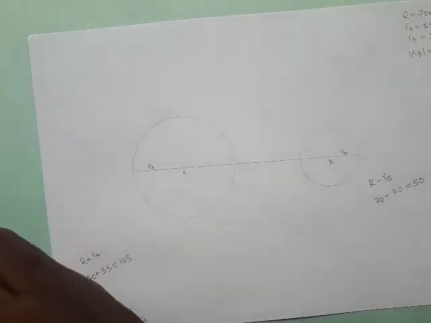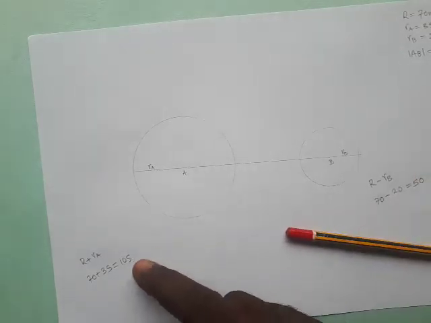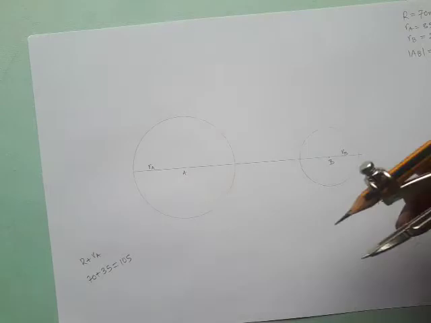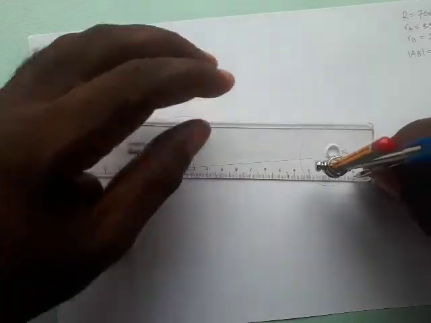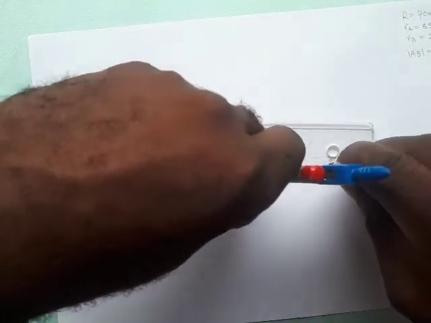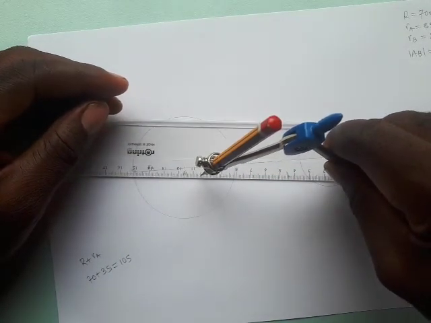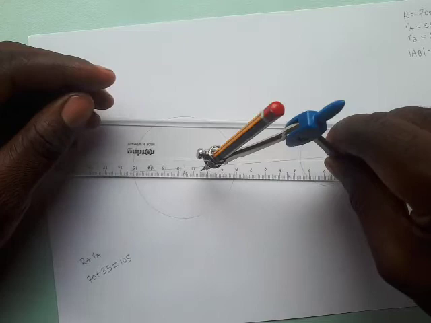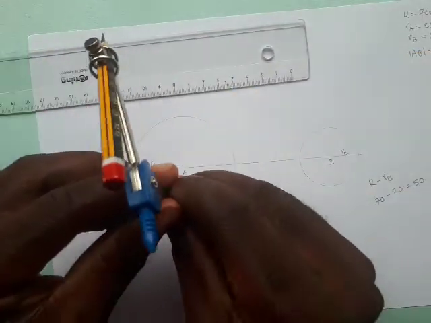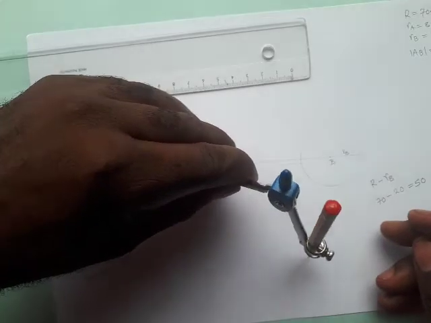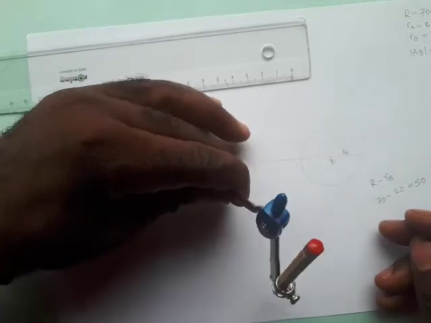Now stretch 105 here. Sorry, that is 10.5. So here I have 10.5. All right, I hope that's clear. Needle on A, describe an arc, make sure it is long enough.